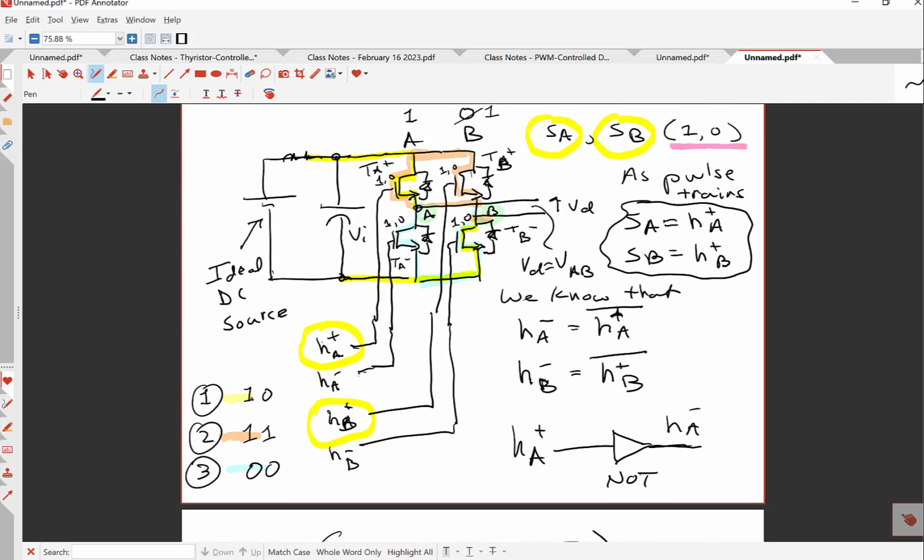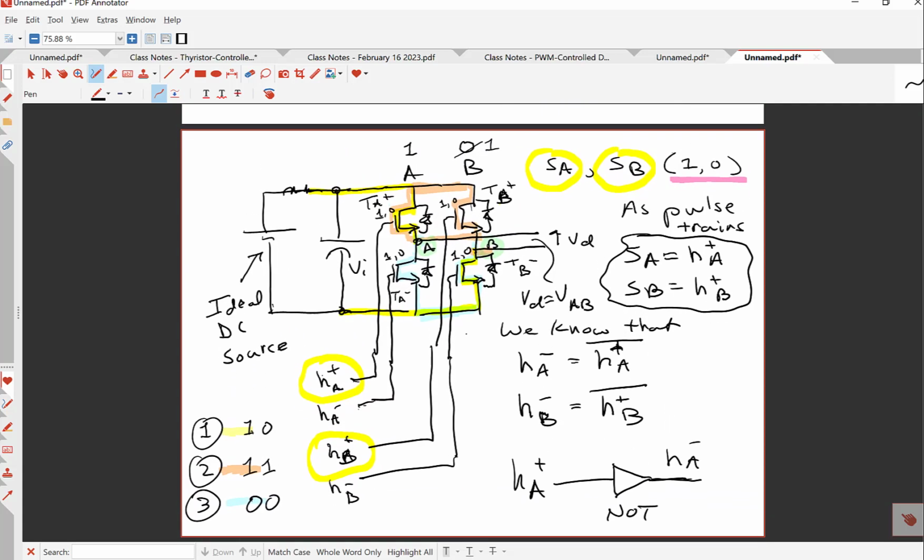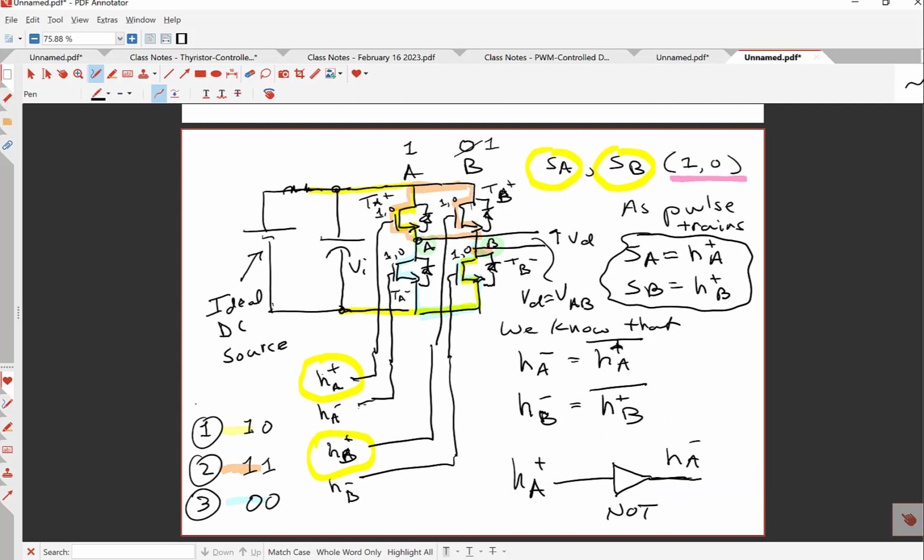Now, what we're doing is we're actually following a sequence here. So we go in sequence 1, we're going to go to the 1, 0 state. So this is the state of 1 switch. This is another state. This is the commutation state of the other leg.